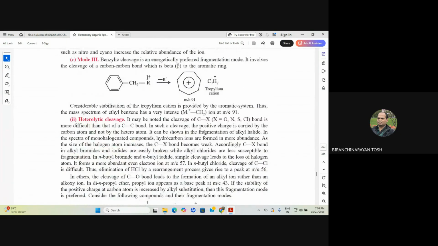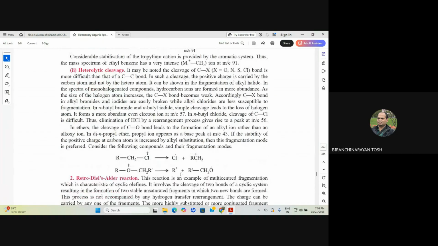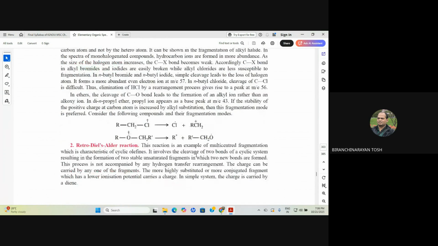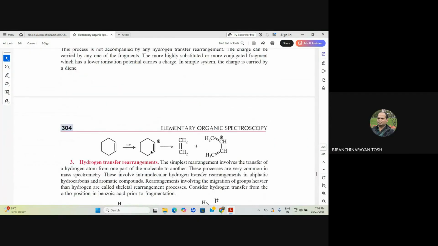Then heterolytic cleavage of chlorine, forming the cation. The retro Diels-Alder reaction: the Diels-Alder reaction produces cyclization, and in the reverse way there will be decyclization. So in the reverse Diels-Alder reaction we'll get the butadiene cation.